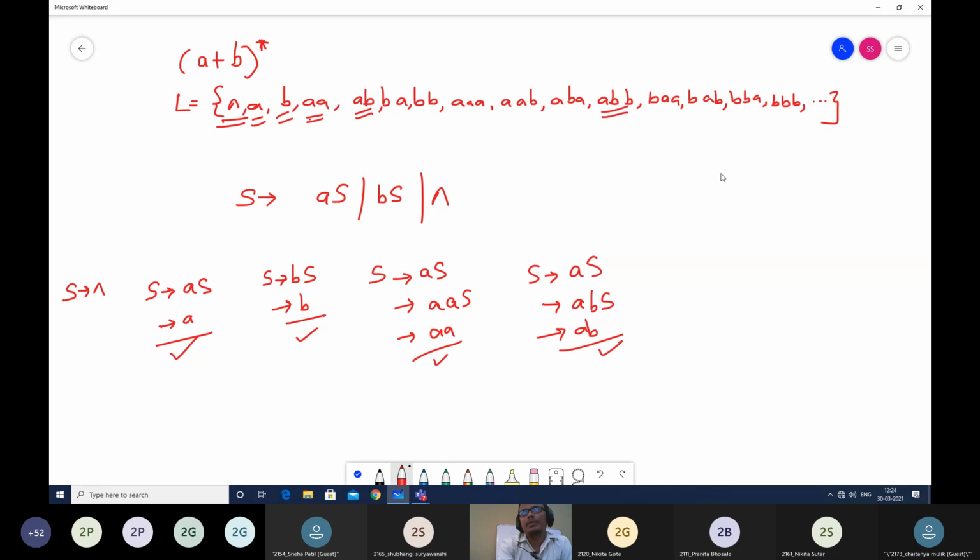Suppose I have a string like ABB now, of length 3. How will it be? S gives AS. This A is done. Then S gives BS. This B is done. Then again S gives BS. This B is also done. Then S gives null. So ABB will be accepted.